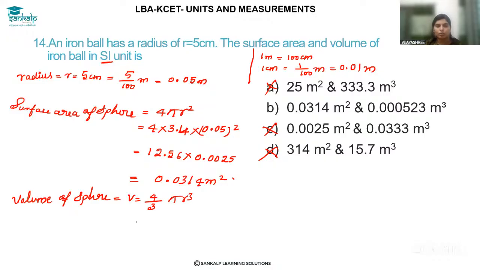So r cube is 0.05 the whole cube. Let us calculate. It is 4 by 3 into pi, that is 3.14, into r cube, that is 0.05 the whole cube.